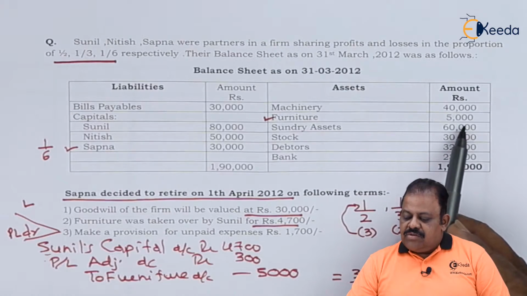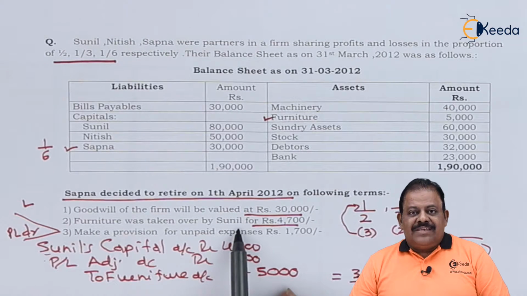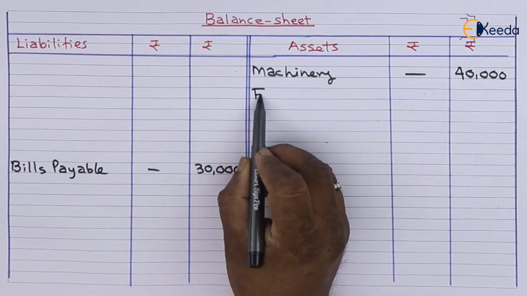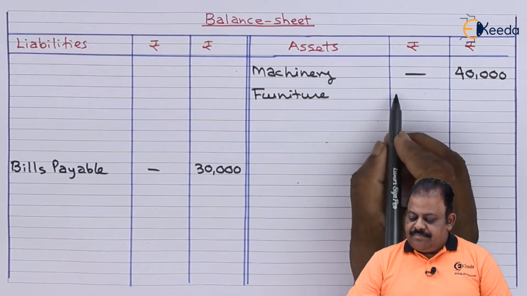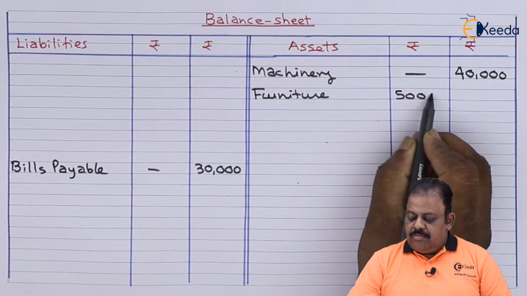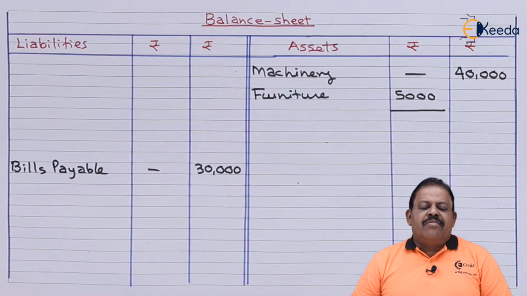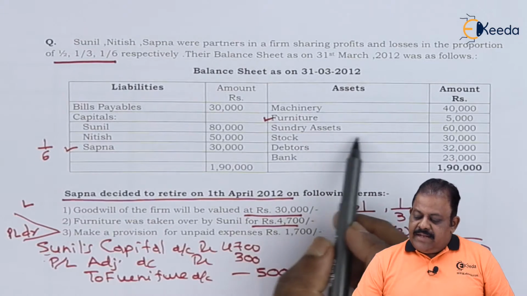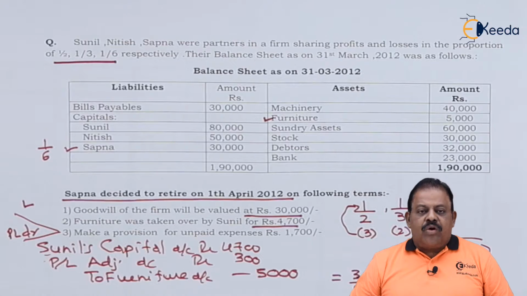Furniture 5,000 is taken over by Sunil, so there is an adjustment on this. New balance sheet asset side, inner column, furniture is having book value 5,000. Sundry assets, no adjustments.